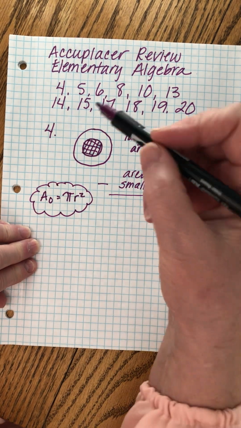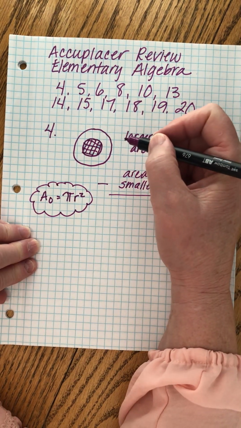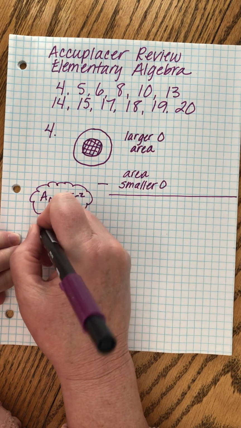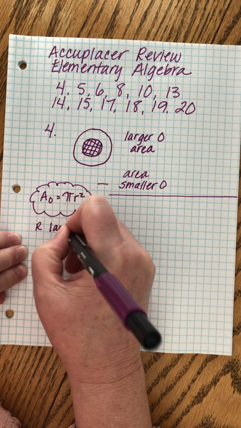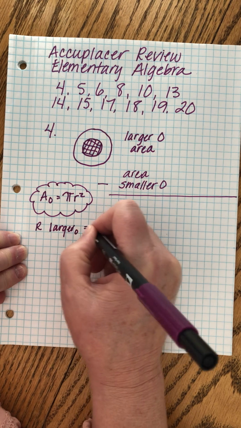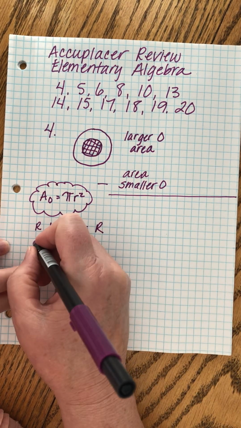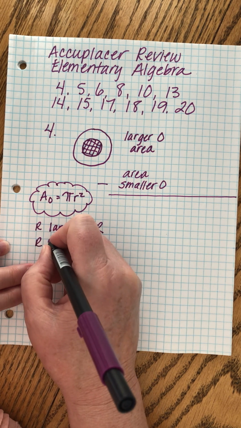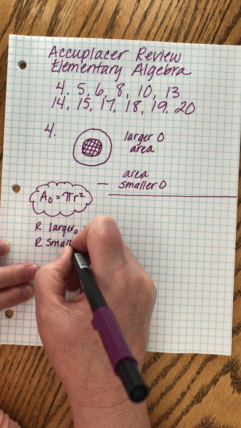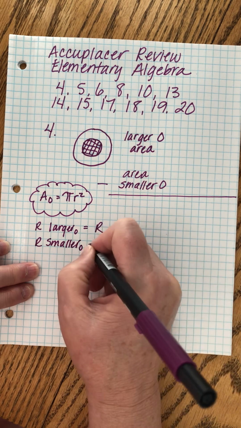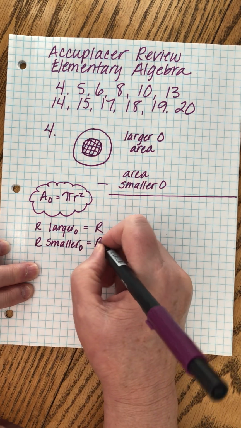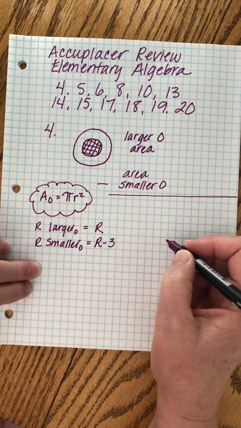Okay, so we were told that the radius of the larger circle equals r. Okay, that's cheap. And then we're told that the radius of the smaller circle is 3 units smaller, so we can write r minus 3.